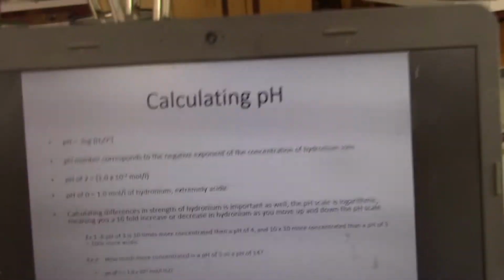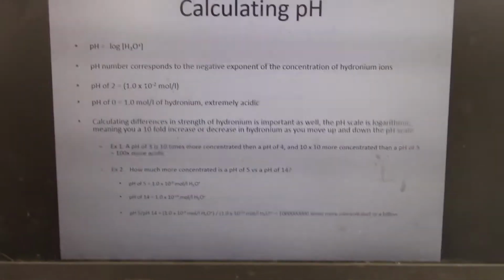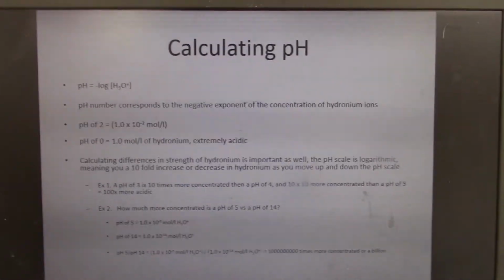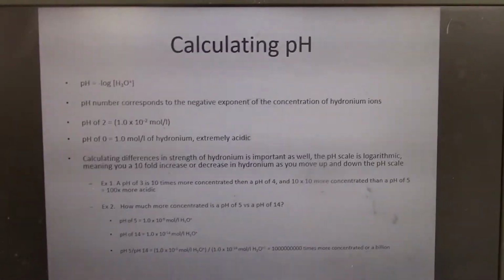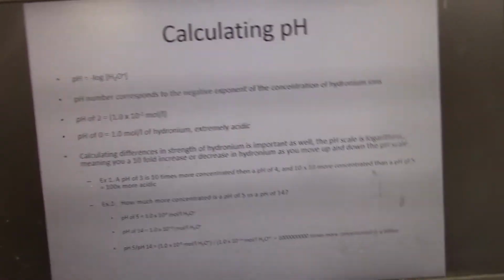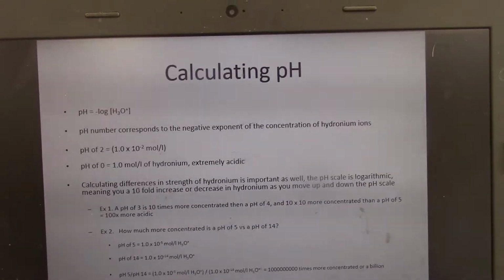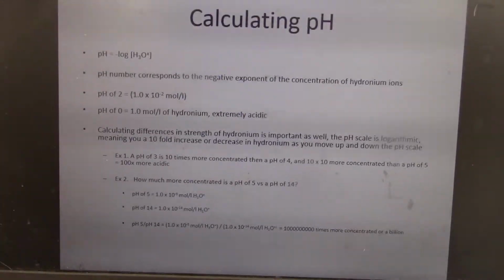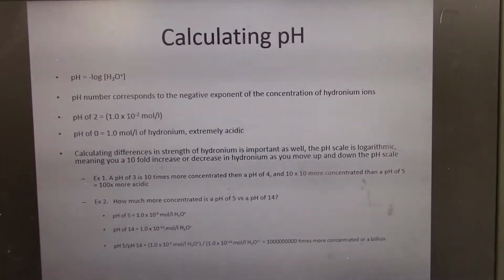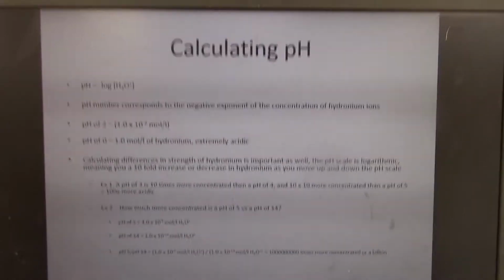Now remember that the pH scale is logarithmic, so it increases by an equal exponential factor each time we change. A change from 6 to 7 on the pH scale is a factor of 10. A change from 6 to 7 to 8 is 2 factors of 10.